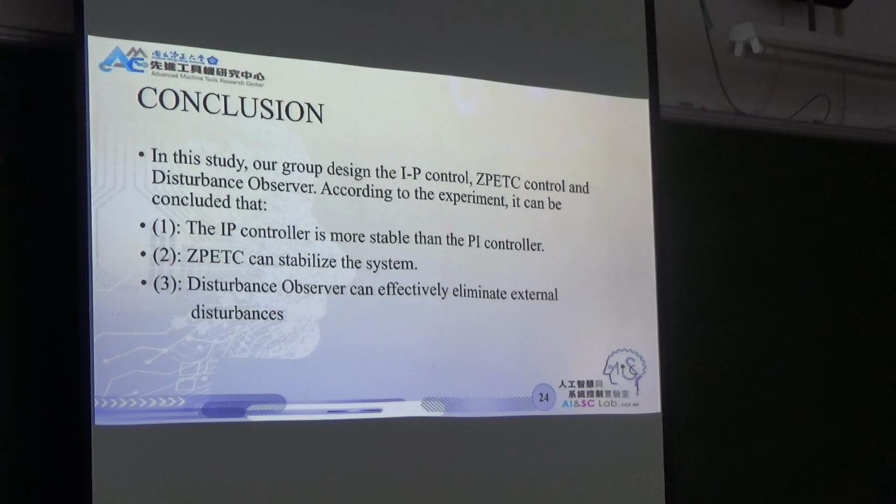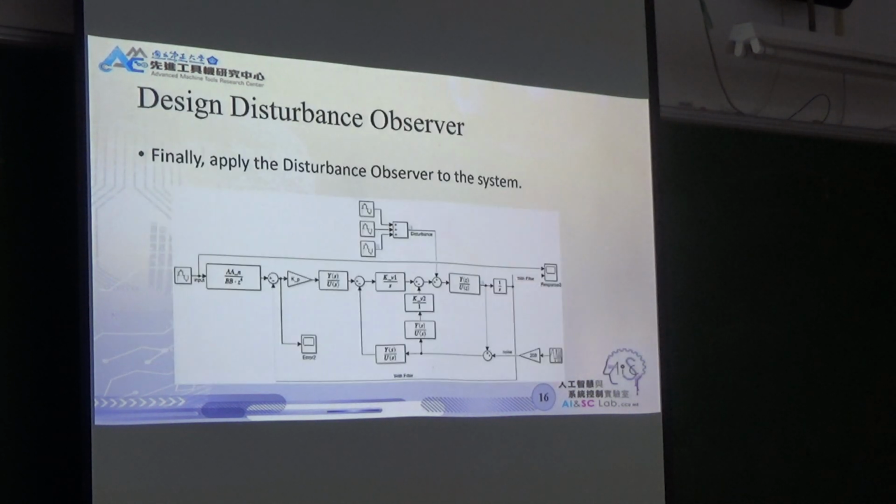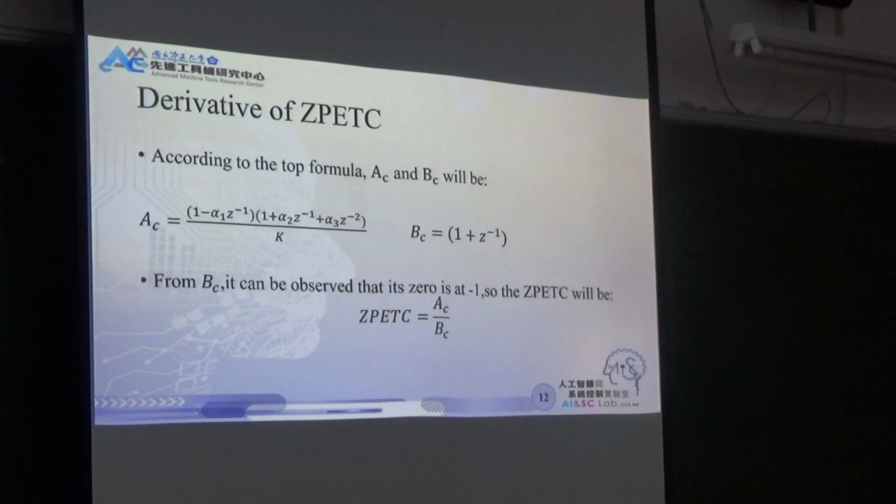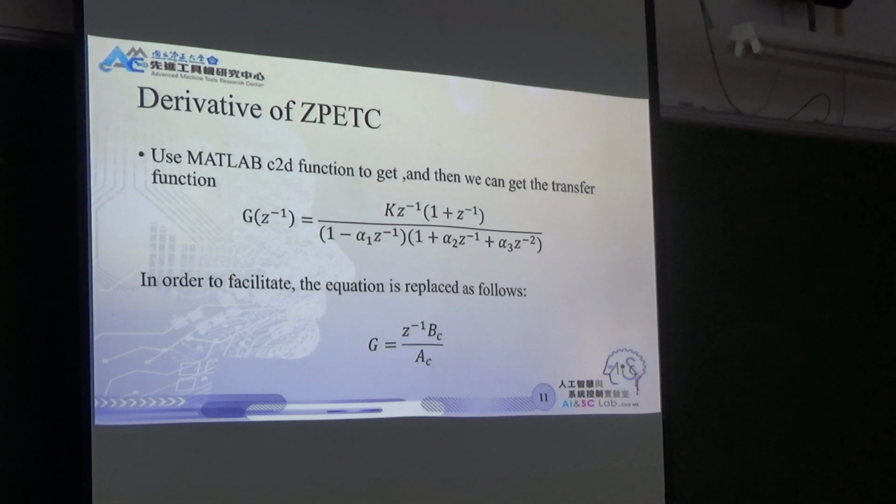You say IP is more stable than PI. What do you mean by more stable? Because it doesn't have an unstable zero. The unstable zero. Really? Yeah, the controller is turned to the Z domain, and it doesn't have an unstable zero.